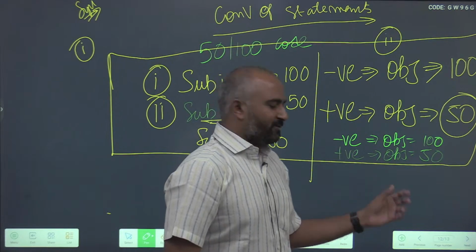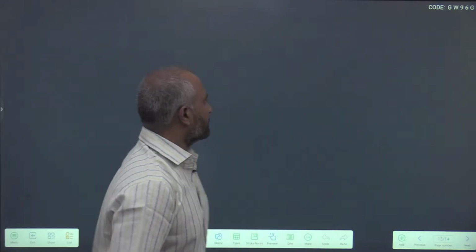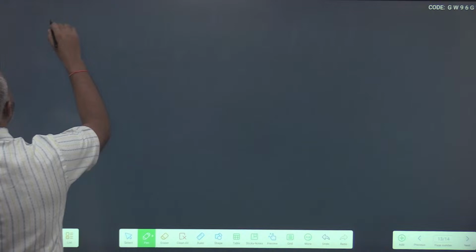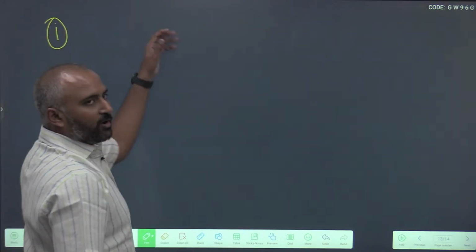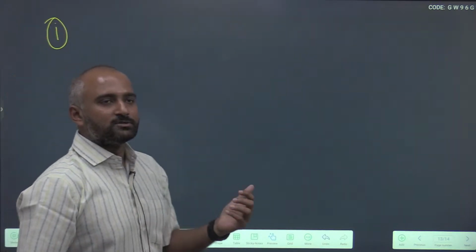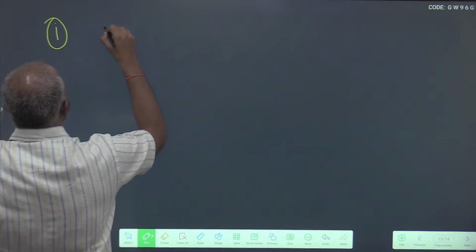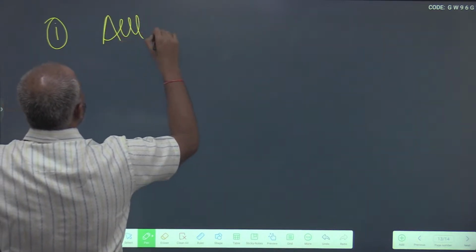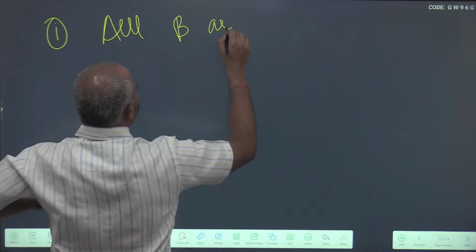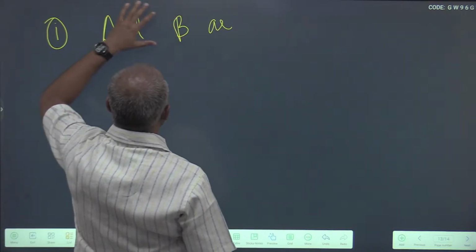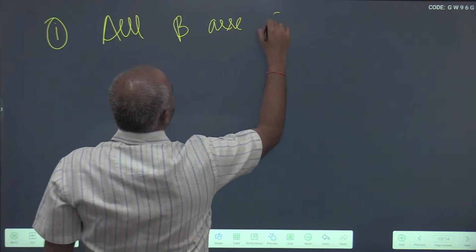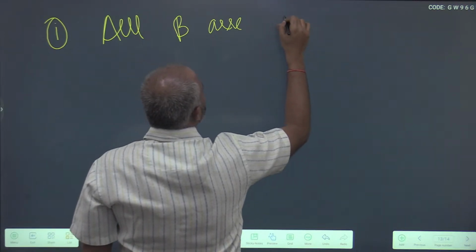Clear? Simple enough. Now let us apply this. I want each and every one of you to try. I am going to write a statement, just convert those into the corresponding code. I am just going to write letters. All bats are cats.